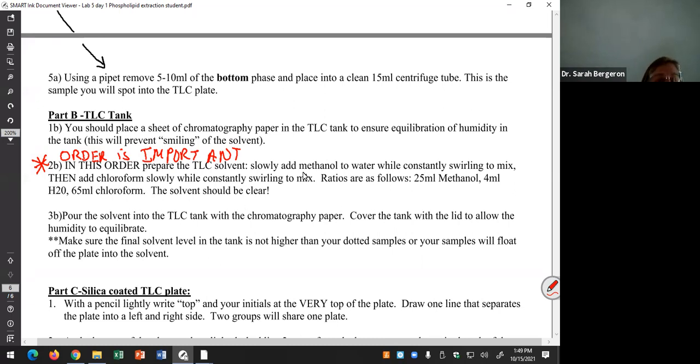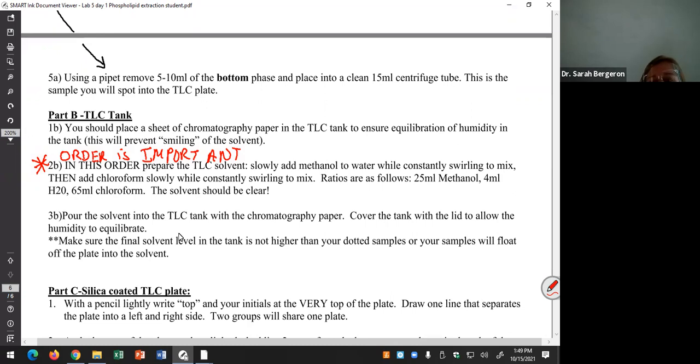Then once all the methanol's in, add chloroform while constantly swirling to mix. So here are your ratios. You should have 25 milliliters methanol, 4 milliliters water, and 65 milliliters of chloroform. At the end, when you add all these 3 things together, it should be clear. If it's not clear, it will not run properly. You need to start over. If you want me to come and look at it, but you can tell. Trust me, you can tell. If it's not clear, take the time, stop, remake it.